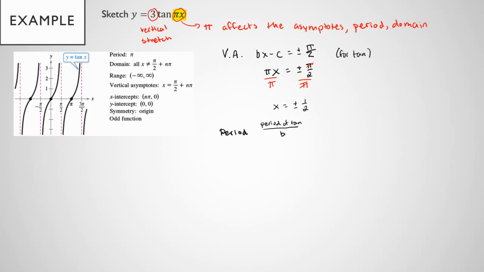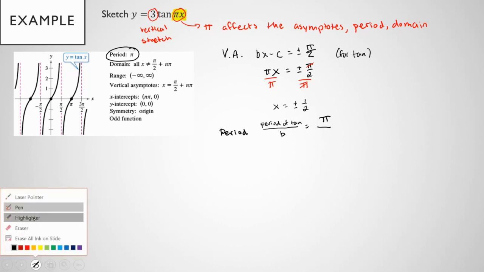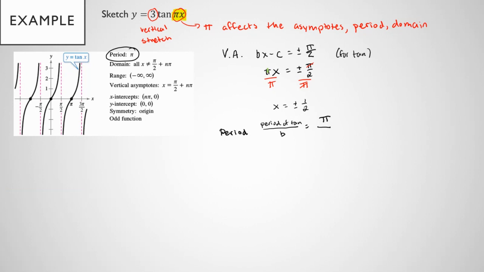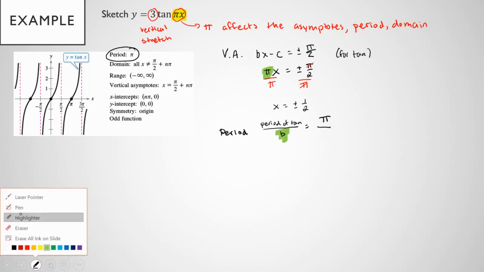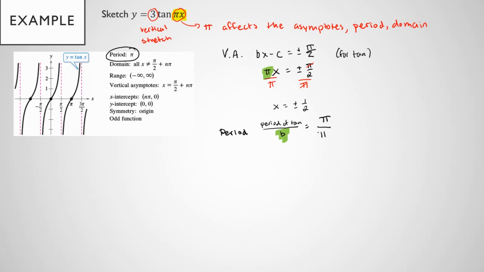Because the period of tangent is pi, in this case it's pi divided by b. So our new period is pi, because that's the period that we're given here for tangent. And then b is the number in front of x. So b is this number here. So we're going to be dividing by pi. And this gives us a new period of 1.